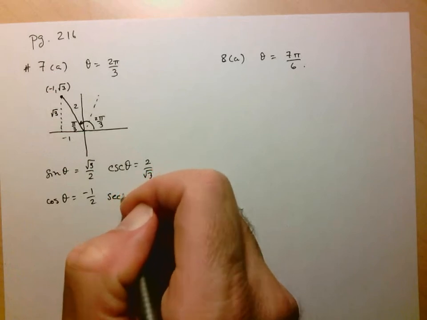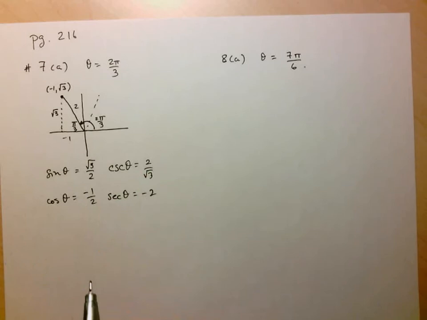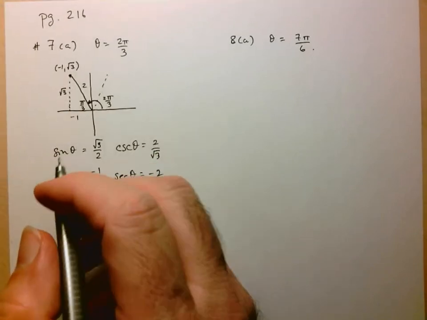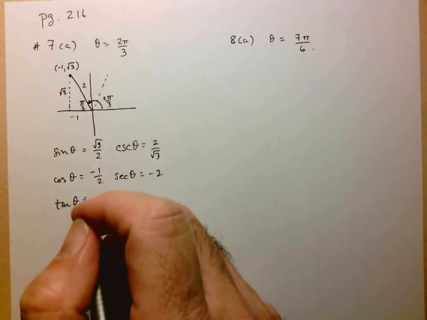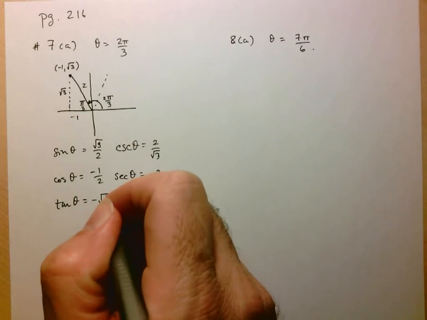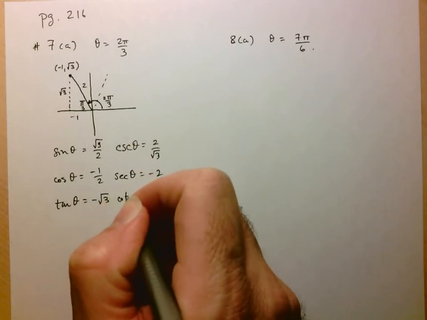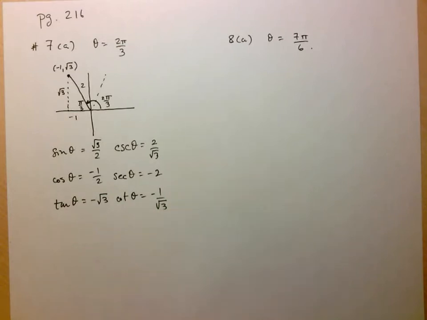Secant is just going to be the reciprocal of that, so -2 over 1, or just -2. Tangent of theta is going to be y over x, so -root 3. And cotangent of theta is just the reciprocal of that, -1 over root 3. And there you go.